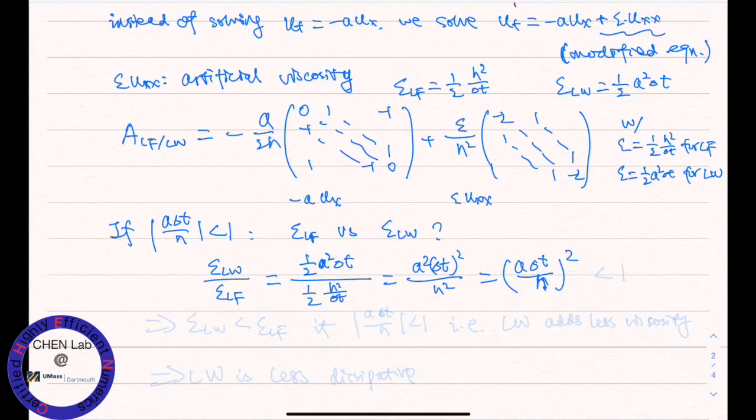If the absolute value of a delta t over h is less than 1, this square is also less than 1, which means epsilon_LW is less than epsilon_LF.